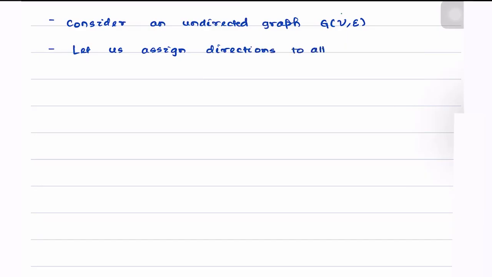Consider an undirected graph G given by a vertex set V and edge set E. Let us assign directions to all the edges of G to get a digraph G prime.